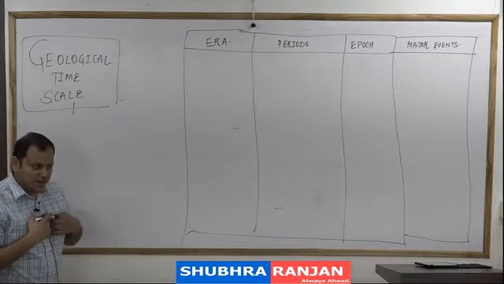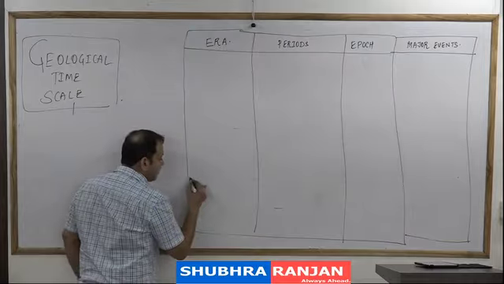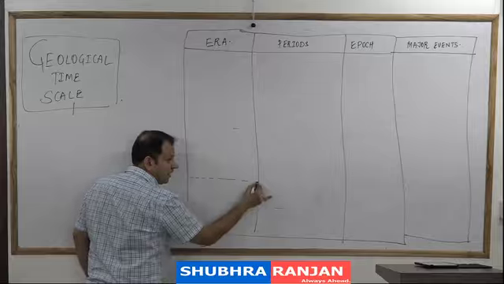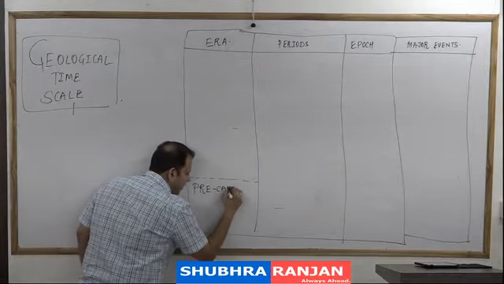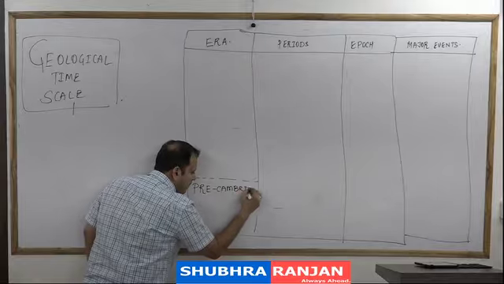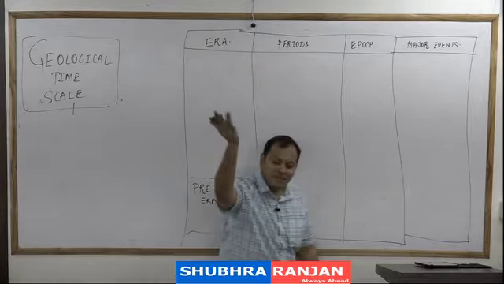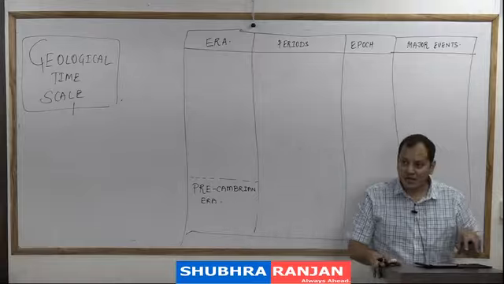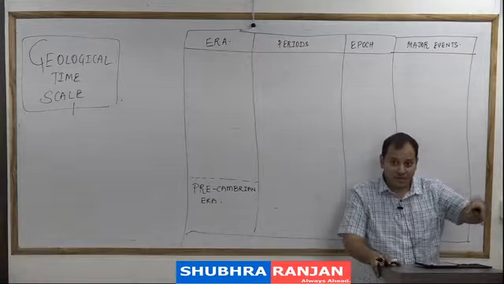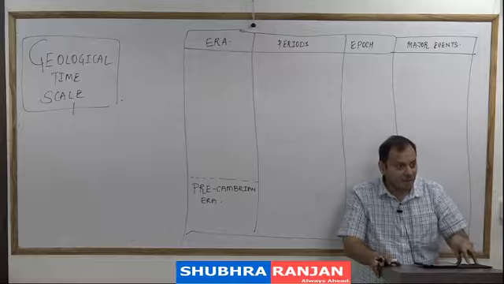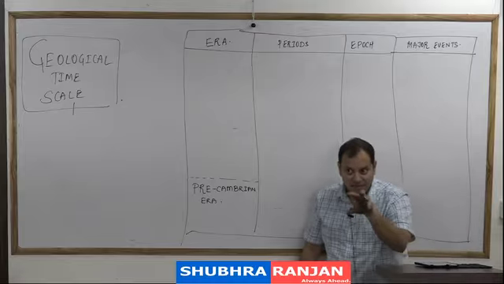So our geological history starts from an era which is known as the pre-Cambrian era. Pre-Cambrian era, 600 million years from today. Minimum 600 millions, it can go up to 4.5 billion years also, because that is the age of the earth.